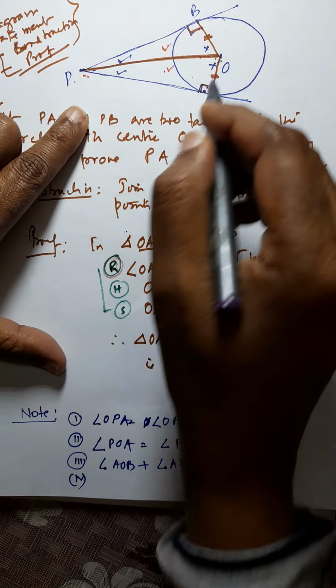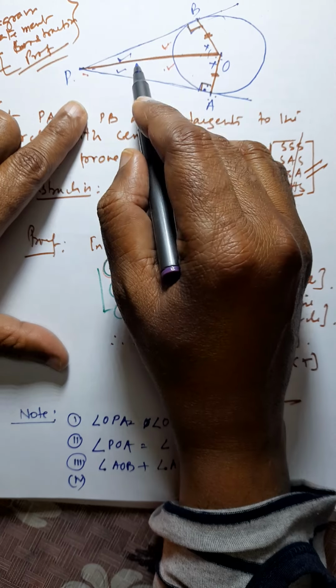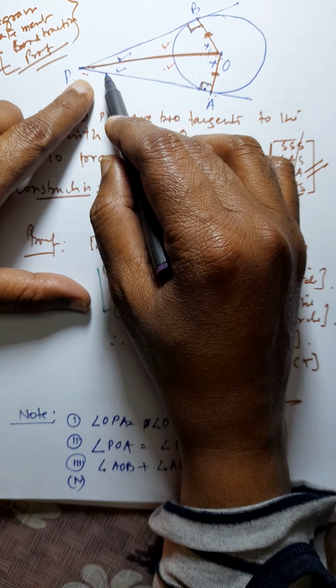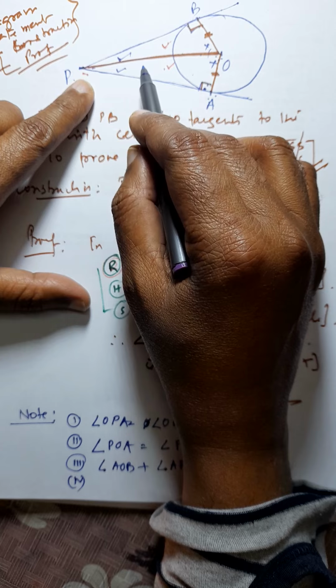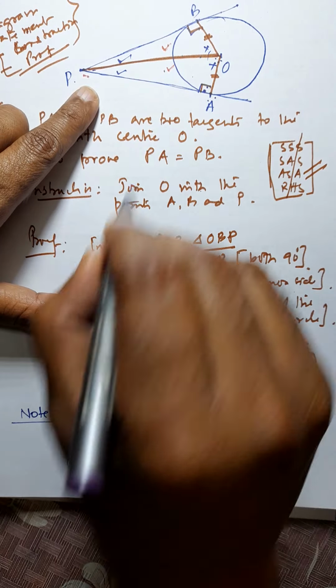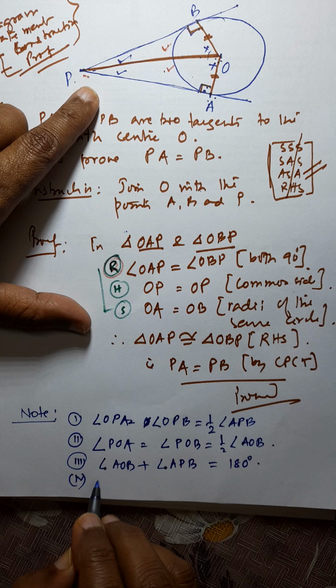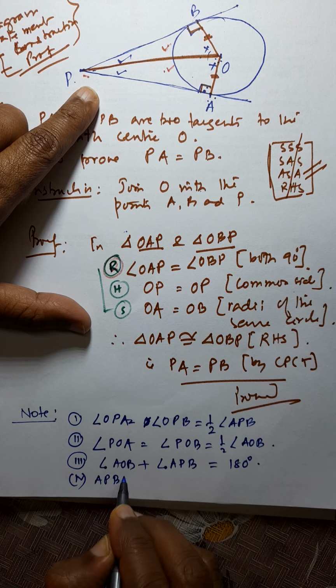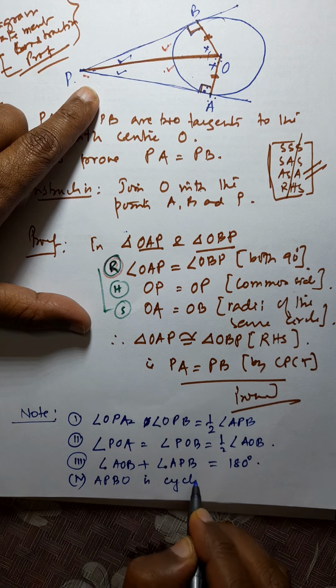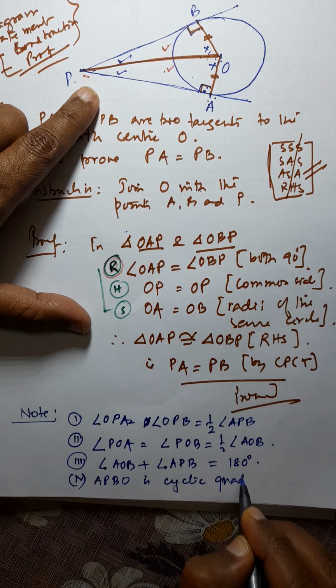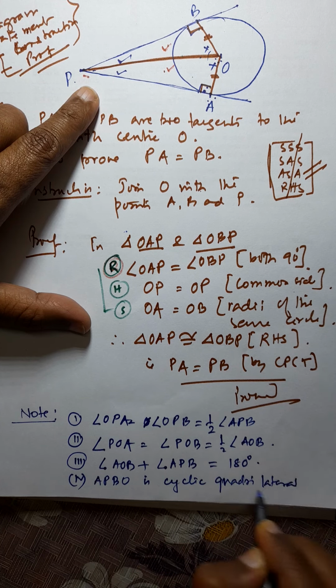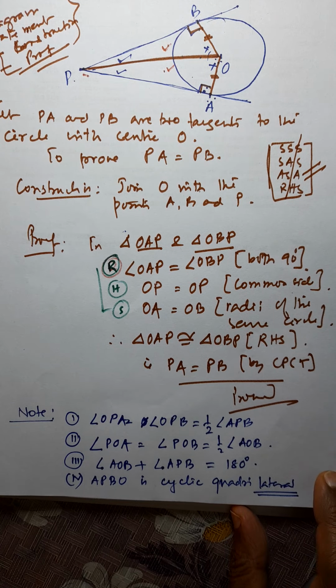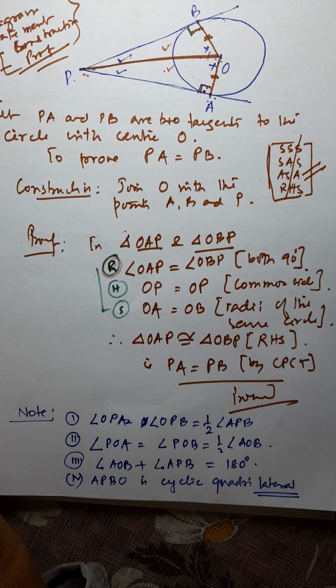Another thing we can say, if the sum of opposite angles is supplementary, then the quadrilateral is a cyclic quadrilateral. That APBO is a cyclic quadrilateral. So these are the points we have to remember. Clear? This will help to solve the problems. So be careful, these points we need to remember.